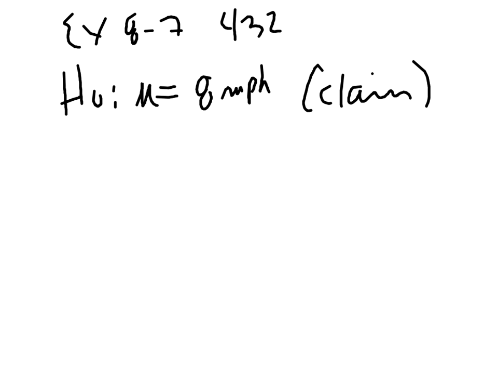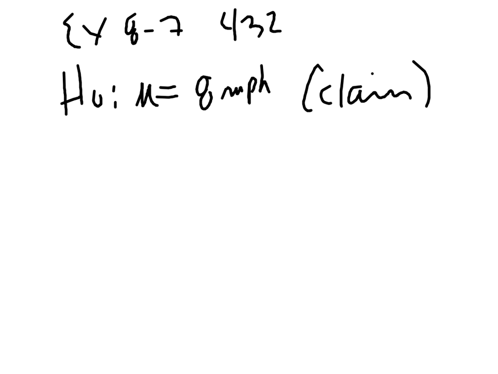Okay, and now notice that the researcher didn't say he felt it was greater than or less than. He just felt it was 8 miles an hour. Okay, and then they say a sample of 32 days had an average wind speed of 8.2 miles per hour, and they give us a standard deviation. Is there enough information to reject the claim?